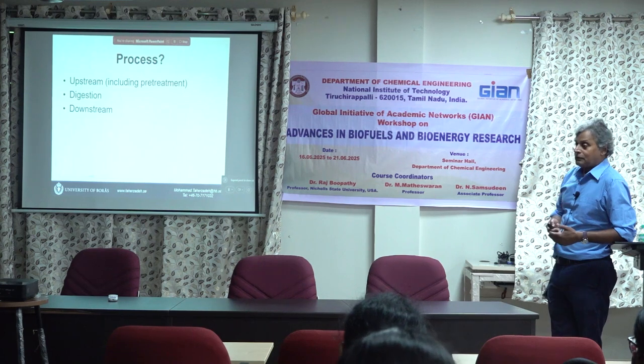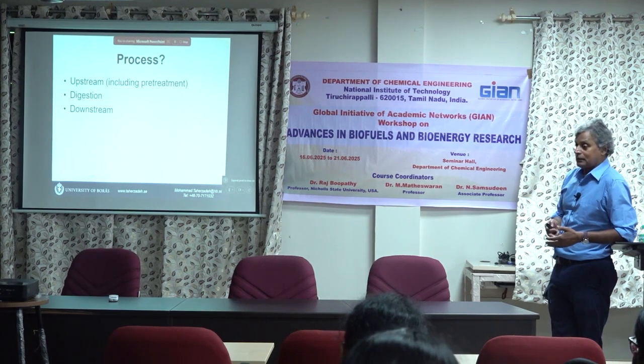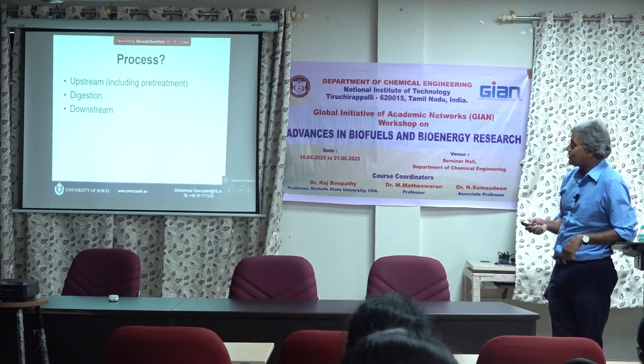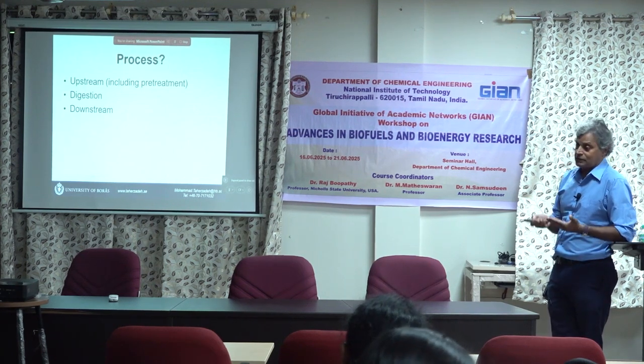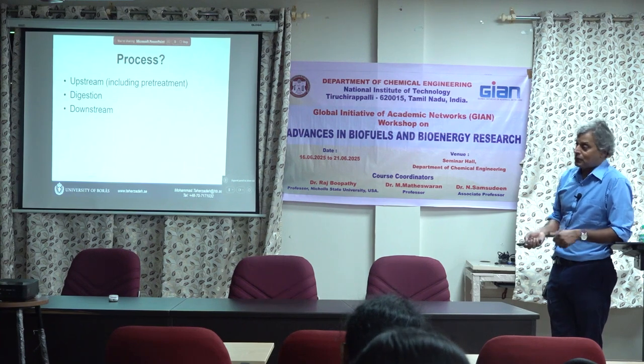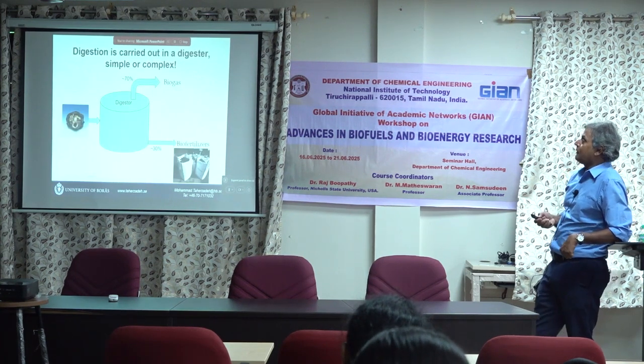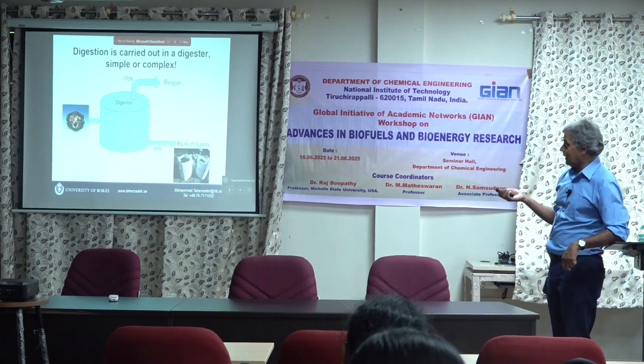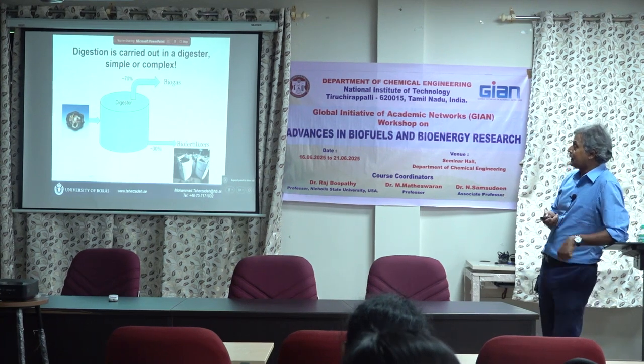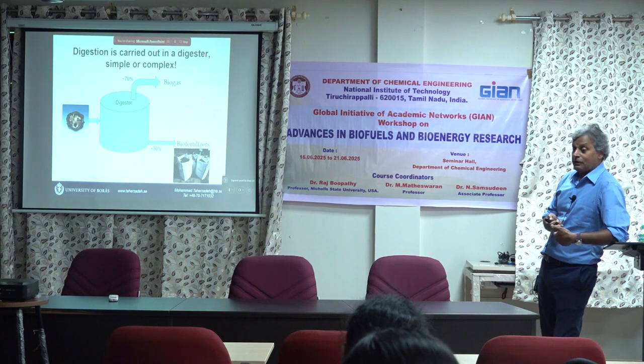So the process is, there's an upstream process, the digestion process, and the downstream process. Upstream includes your pre-treatment. If you have a lignocellulosic, you need to work out co-digestion, how much to mix with manure. So when you get all perfected out, that's how your digester looks like, and schematically your digestion is carried out in a digester. It could be a simple digester, or you can make it complex.